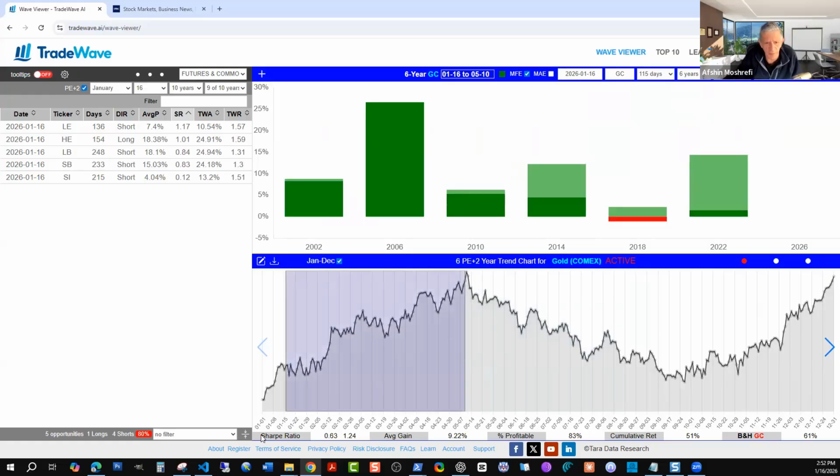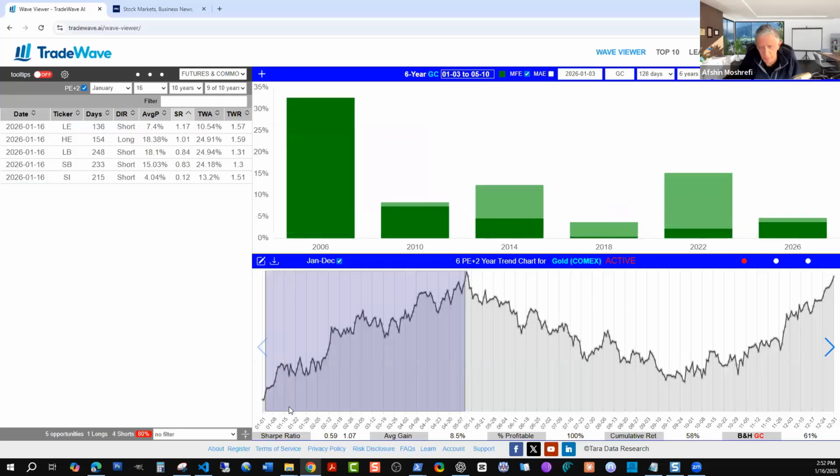Yeah, gold is on up move. Usually when there's market trouble, people get into gold. Look at this. I just moved it to beginning of the year based on last 6 years. So far gold is up about 3.7% for the year.